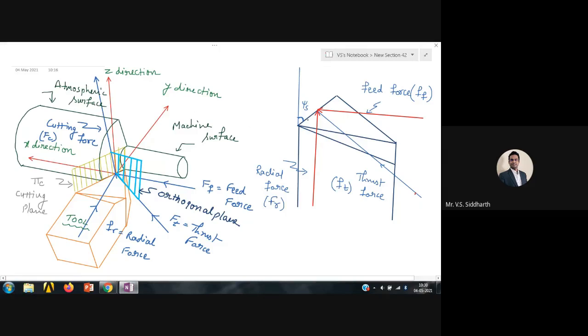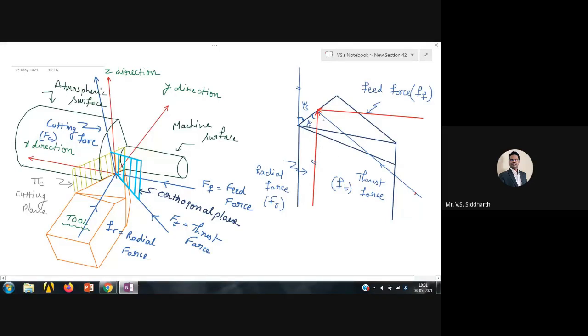If this angle is psi s, this line and this line, consider them as parallel lines. So what is this angle? Psi s. Good. Correct.